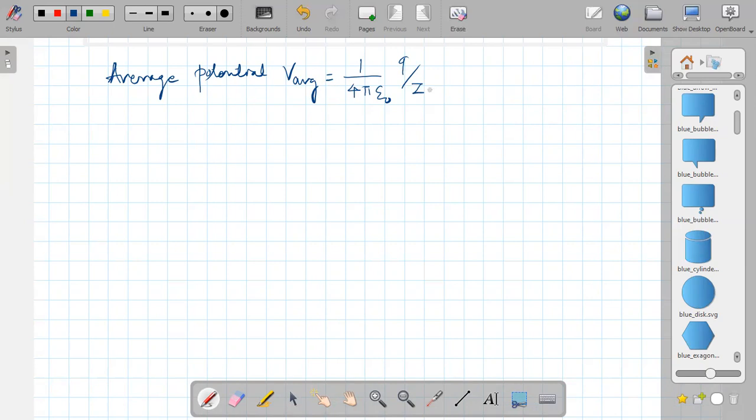Our aim is to derive an expression for average potential for the sphere, 1 upon 4 pi epsilon 0 q upon z. For this case we will assume one sphere with radius capital R.